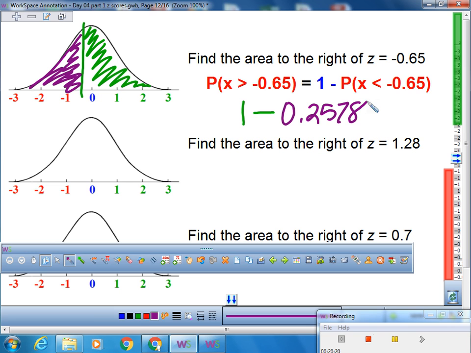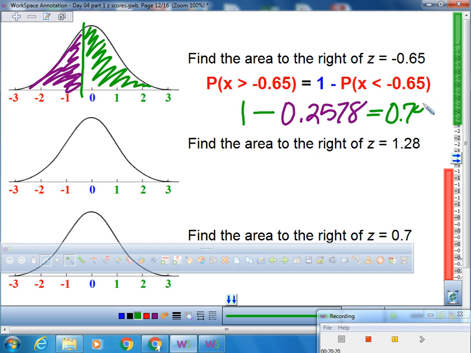What is it? 0.7422. Does that make sense? If this is about 25%, isn't this going to be about 75%?